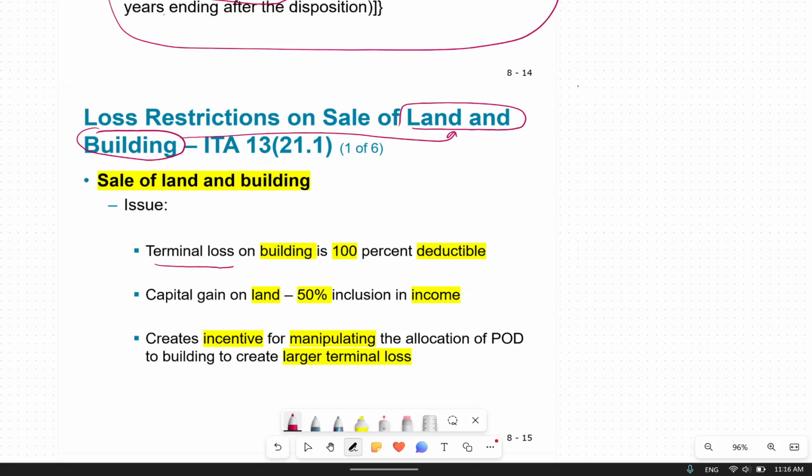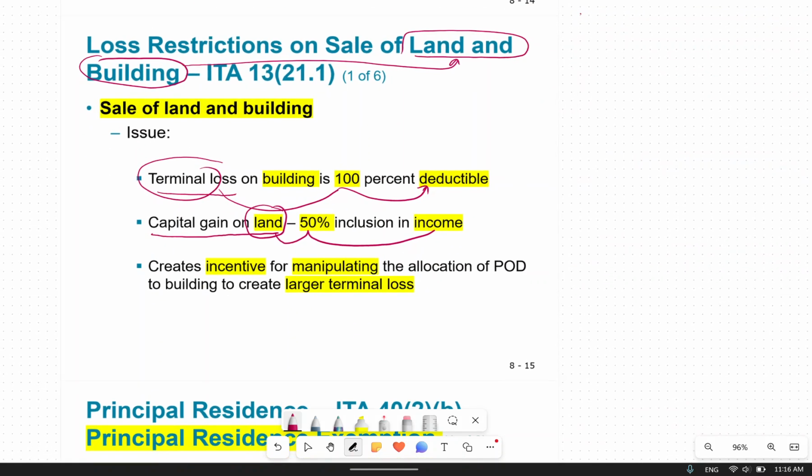If it's a depreciable property, then a terminal loss is 100% deductible. You have a capital gain on the land, so only 50% is included. Why does it do that? It creates an incentive for manipulating.